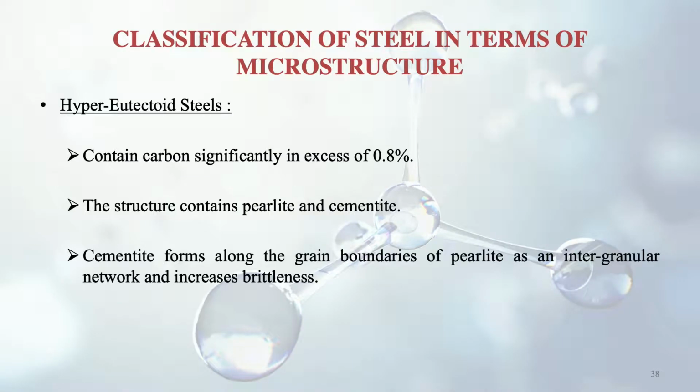Cementite forms along the grain boundaries of perlite as an intergranular network and increases the brittleness. So as we are moving towards the right side of the 0.8% carbon line, the ductility goes away and brittleness creeps in. So after the classification based on microstructure, we can see the classification based on carbon percentage range.